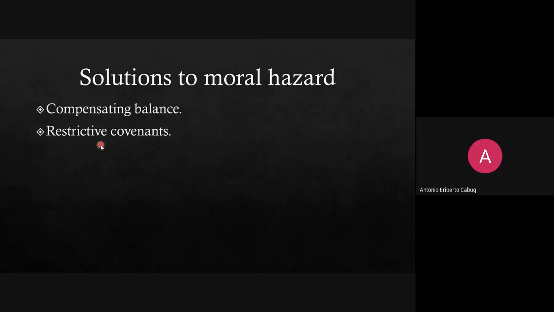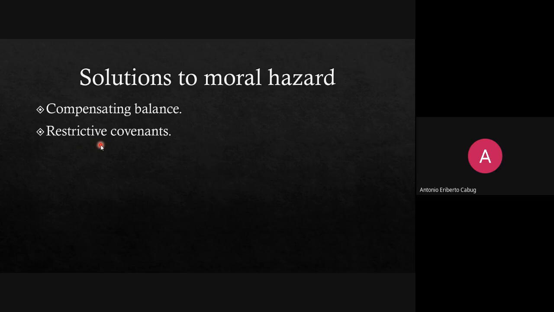Another would be restrictive covenants. Restrictive covenants are those terms or clauses in the bond contract that prevent the shareholders or investors from taking some action that would endanger the money of the bondholders, that would put the money into more risk.